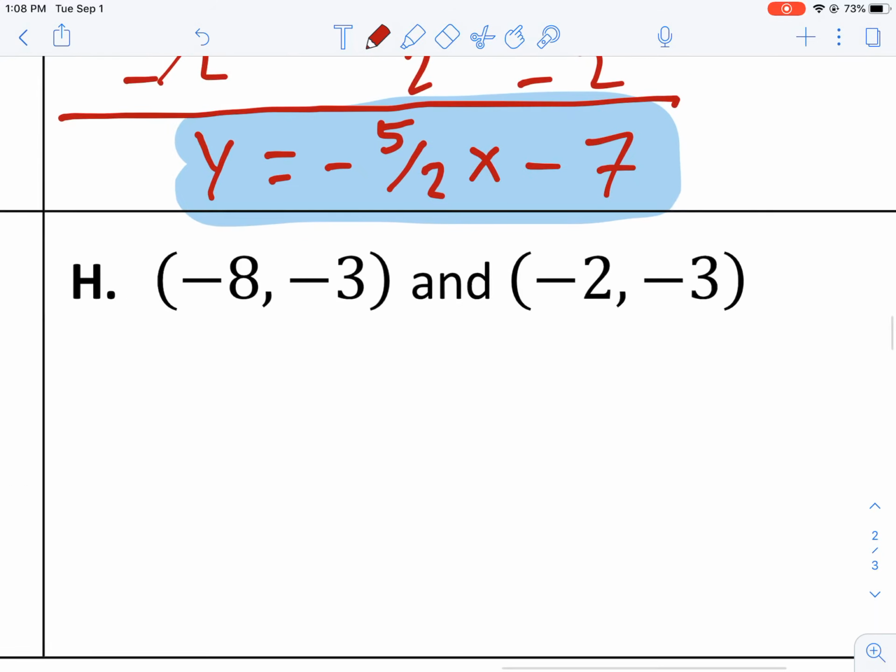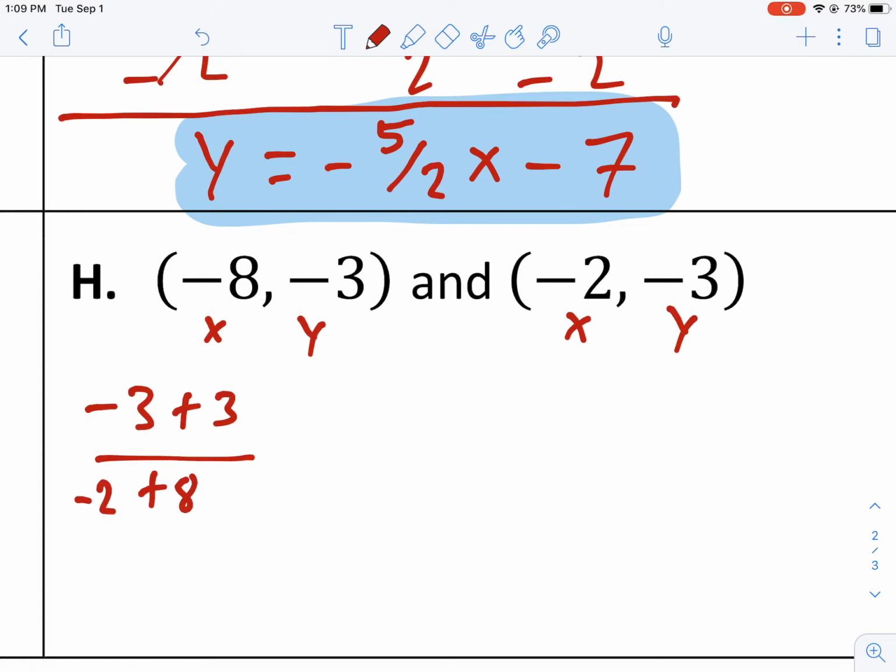If we come over here and do the same thing, we've got y values of -3 and -3, so that's -3 plus 3. Then we have x values of -2 and 8, so that's -2 plus 8. So again, what happens on top? -3 plus 3, that's 0. -2 plus 8, that's 6.